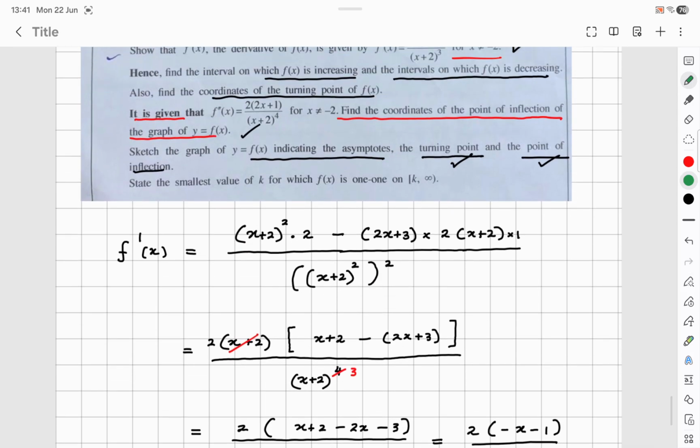Then what are they asking? State the smallest value of k for which f(x) is 1 to 1 on this interval, k greater than. So you have to find a value of k, so that anything above that, it's going to be 1 to 1.